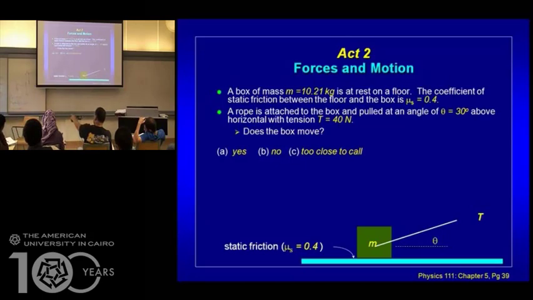Will it move? 0.4 times 80, 32? 32. So it's 40 minus 32, then yes, it will move. 40 times cosine, that's what I said. It's 40 times cosine 30 degrees.